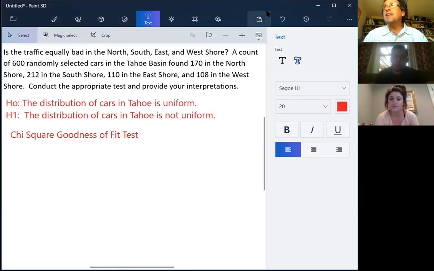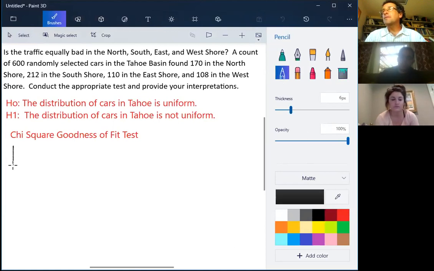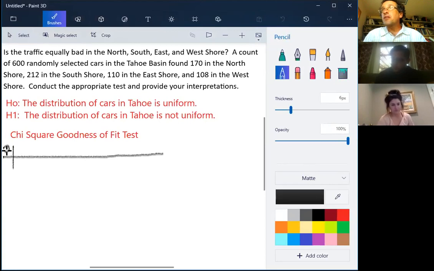Okay, the next thing I'm going to do is make a table. To do that, I think I need a pen. I'm just going to write O for observed and E for expected.